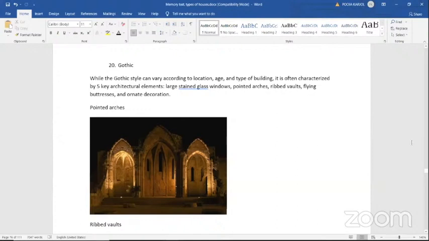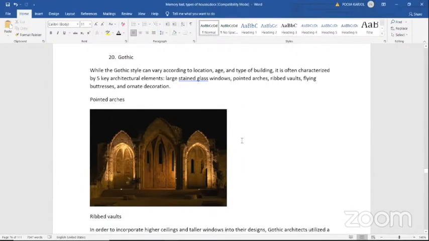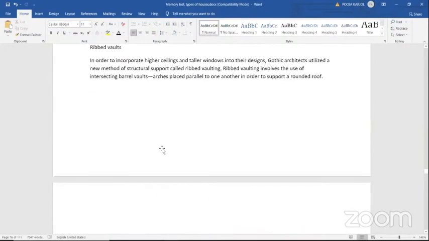Have you never seen it in those shows? Gargoyles are used. Gargoyles, dark. Rose window. Okay. Pointed arches, ribbed walls.